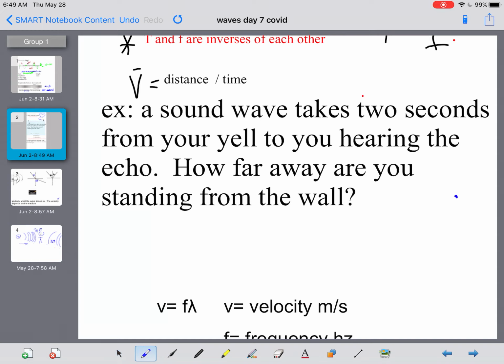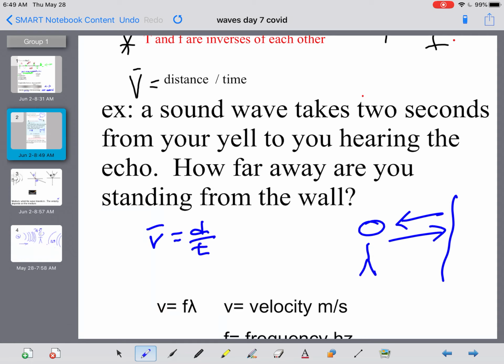All right, we have an echo. So we got our person, they're yelling, and an echo means the sound's going to bounce back. So if my equation is V equals d over t, and I know that it takes 2 seconds for me to hear the echo, I know it only takes 1 second for it to go to the wall.